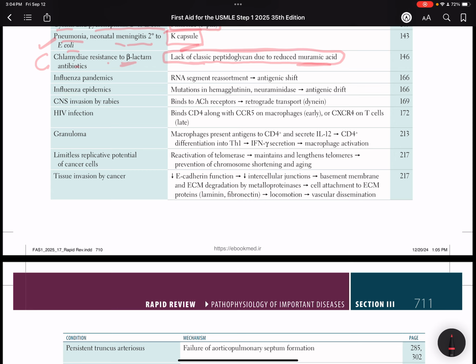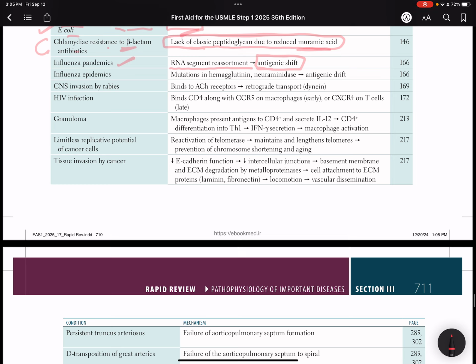What causes influenza pandemic? Influenza pandemic is caused by RNA segment reassortment, which causes antigenic shift. Main mechanism is antigenic shift. Next is influenza epidemics.